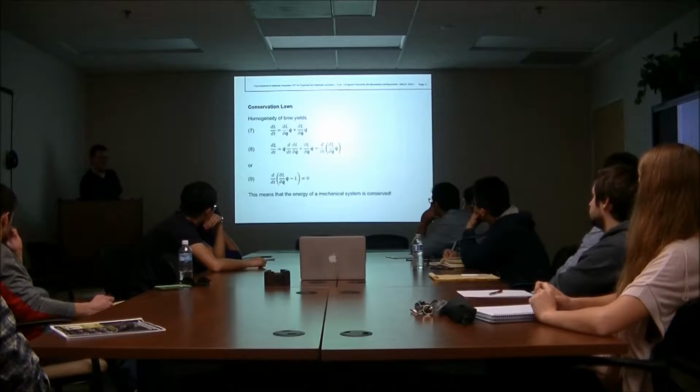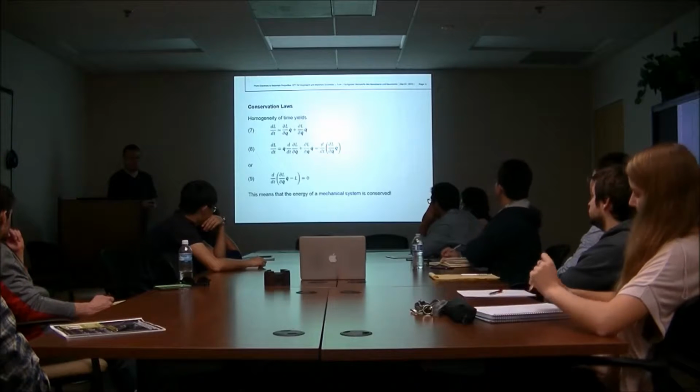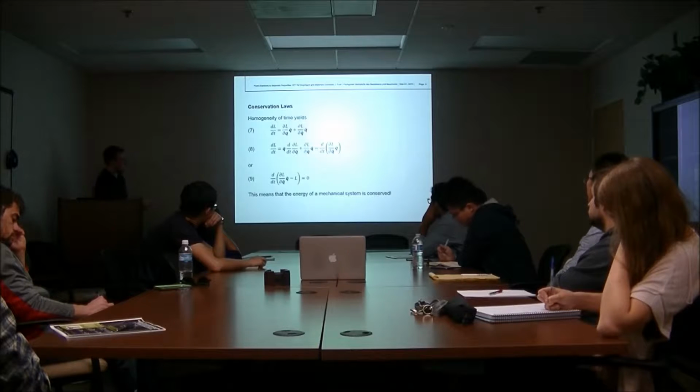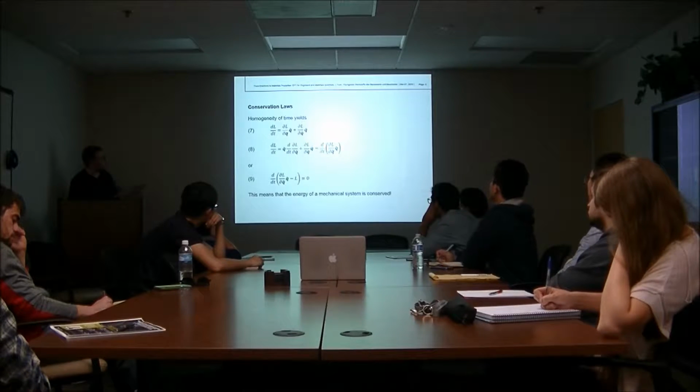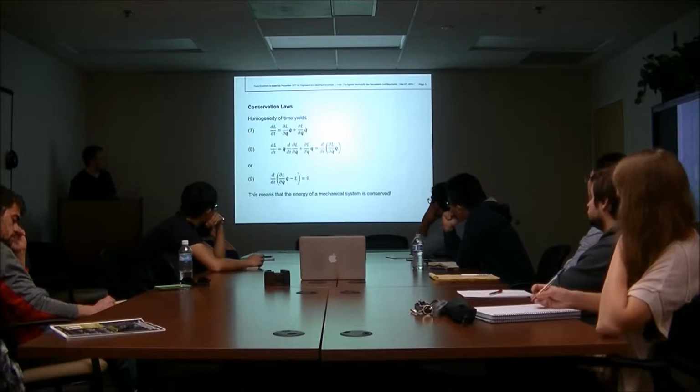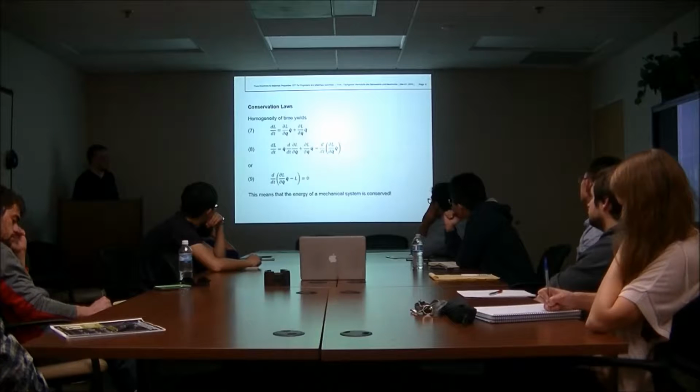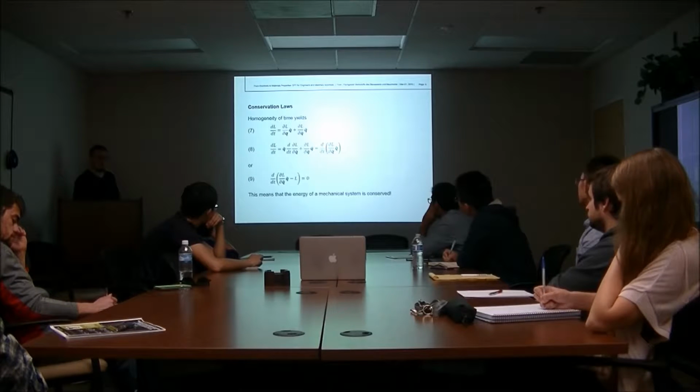If the Lagrangian doesn't change, then the energy is conserved. Or the action is 0. So we see that within this formalism we can prove that energy is conserved. You cannot create energy out of nothing, you cannot eliminate energy out of nothing.